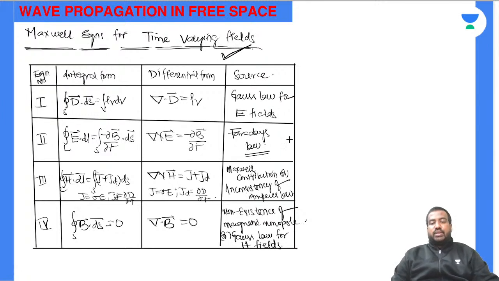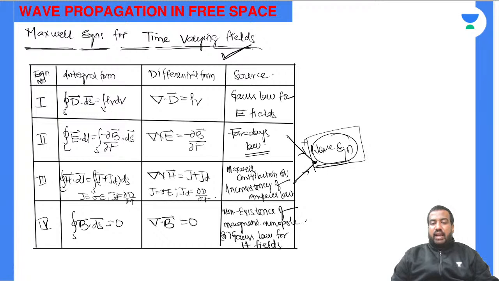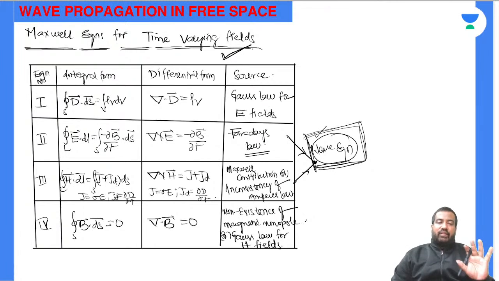Now, these two equations are the modified equations. Put together, you'll get the wave equation. This wave equation will tell you the behavior of a wave. These two equations combined, you'll get wave equation.